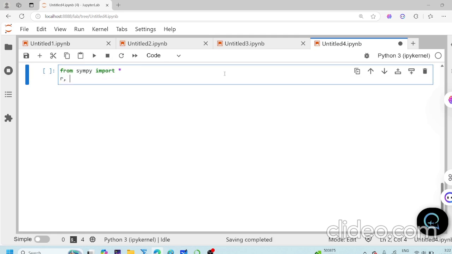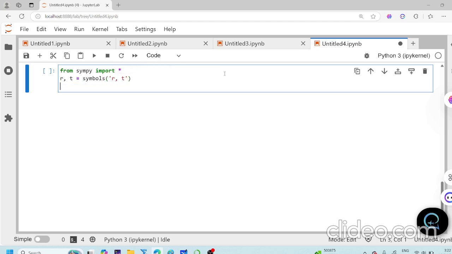Since I am using the variables r and t, I should write r comma t equal to symbols of single quote r t. You can write r comma t or you can just write rt. Both are accepted. Then R1, the first curve, equal to 4 times 1 plus cos t.